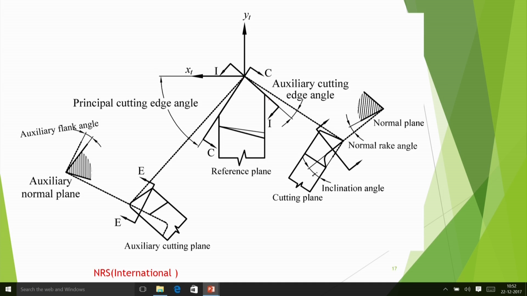Of course, the normal rake will be slightly different from orthogonal rake. If there is an inclination angle of the cutting edge, then it will be like this, but generally inclination angle is not very high. So most of the times you will find out practically the normal rake angle is basically same as the orthogonal rake angle. Okay.